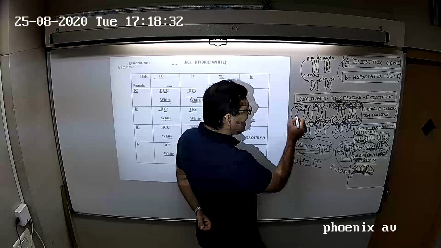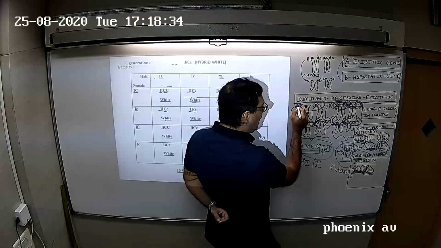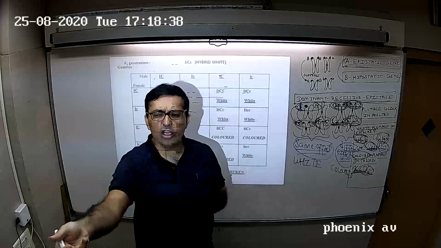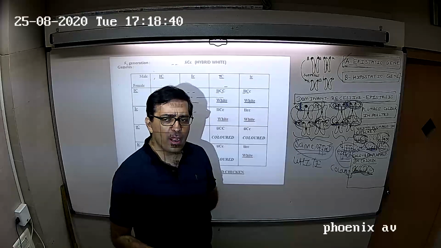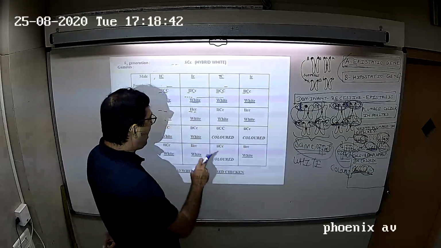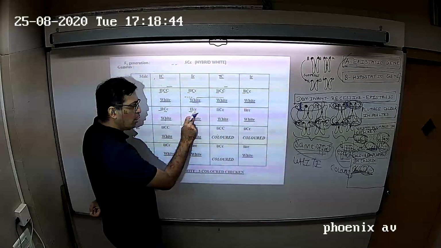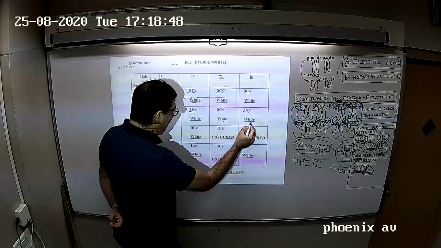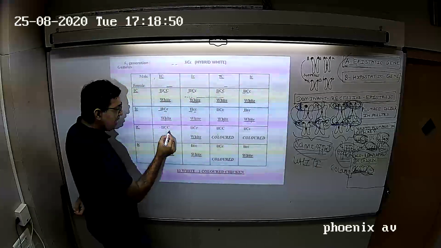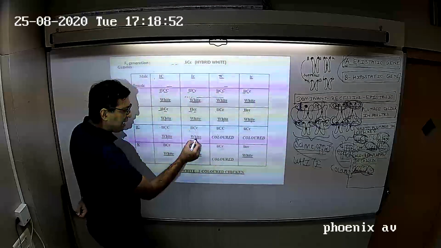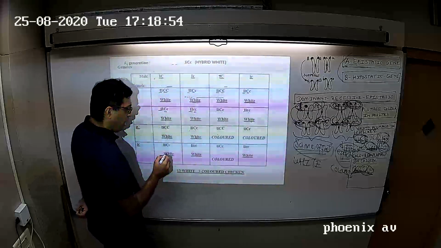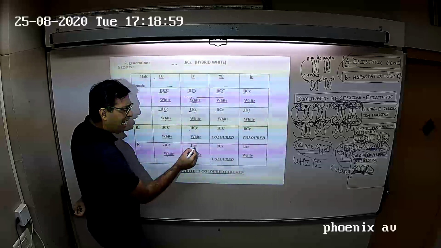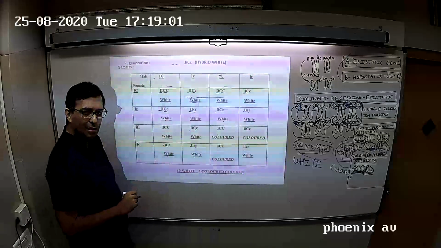If you remember, capital I with small c, our first combination, will also produce white. So capital I with small c will also produce white. Capital I, small c, white. Capital I, capital C, white.